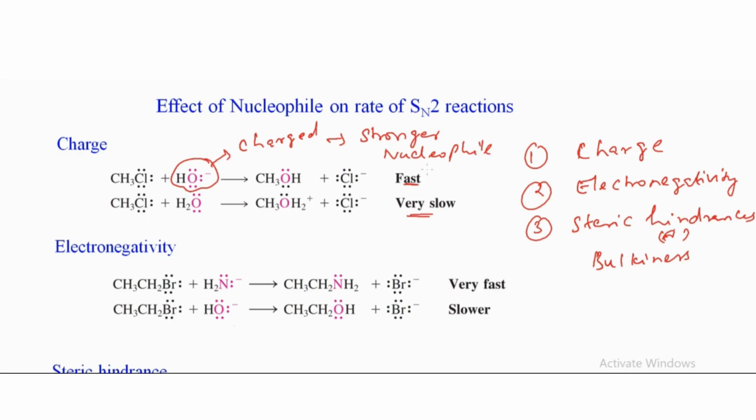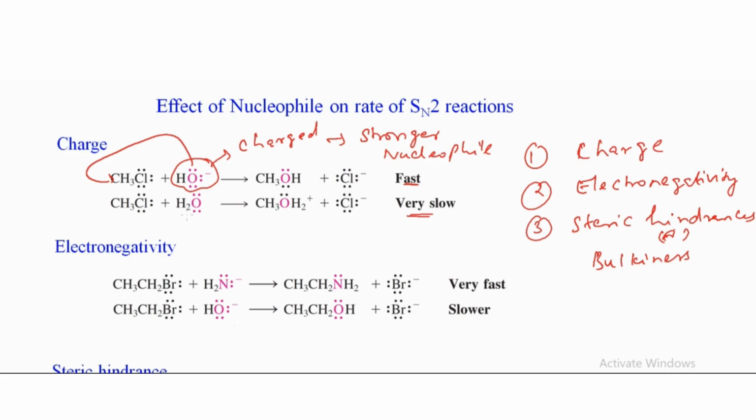As you know, a nucleophile means it has the ability to share electrons. That means the lone pair, the excess of electrons in the charged nucleophile, is very easy to donate. As a result, this reaction will go faster. So that's the reason charged or electron-rich nucleophiles influence the rate of SN2 reaction; that reaction will go faster.